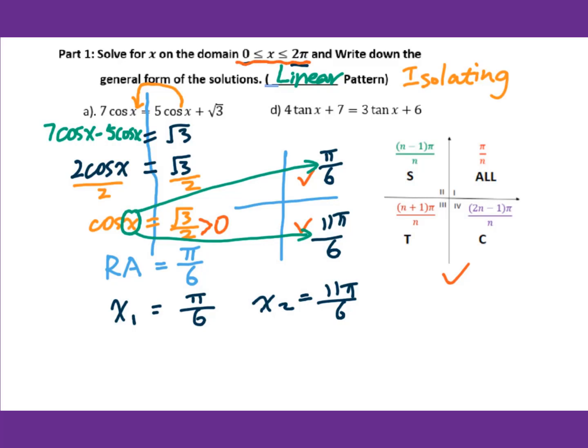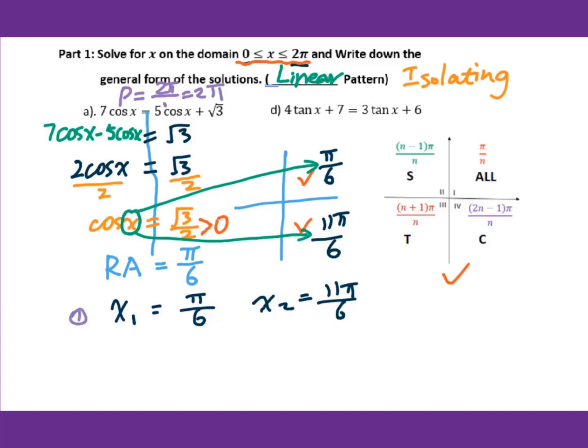Then we need to figure out the general form of the solutions. Since for cosine 1x, b equals 1, so period equals 2 pi over 1 equals 2 pi.